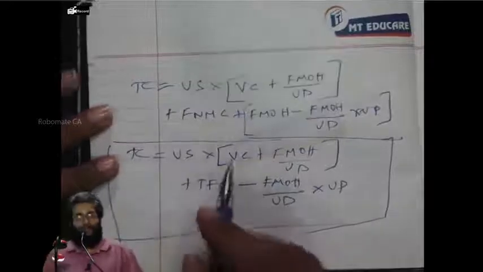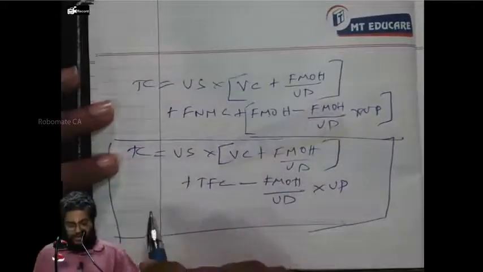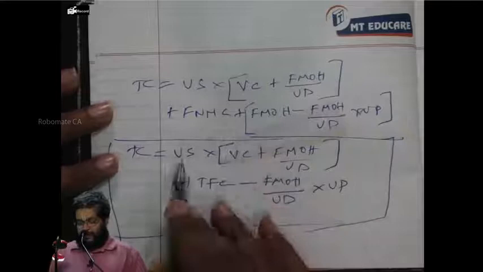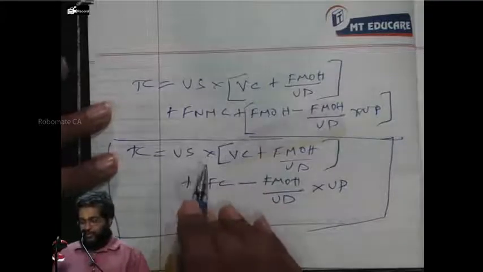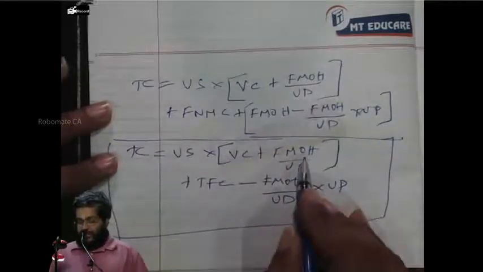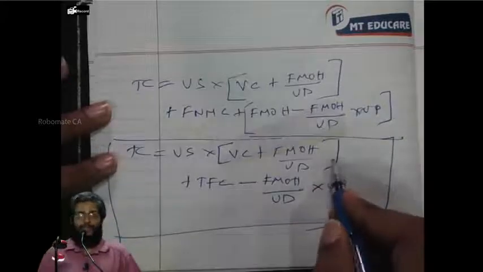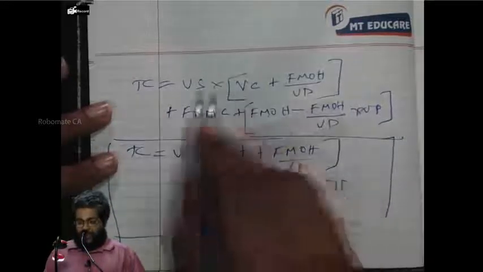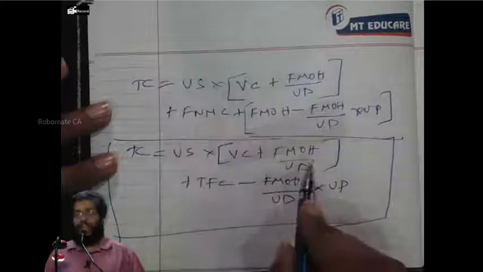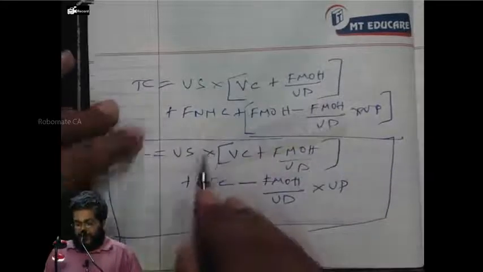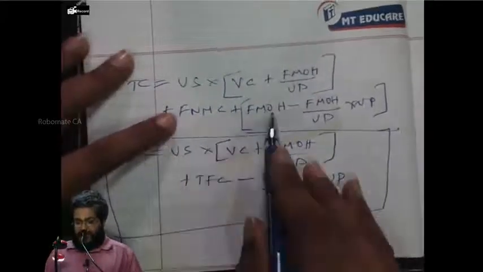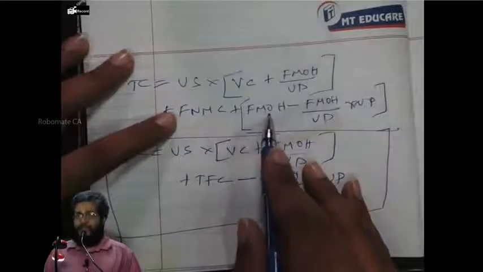Total cost is equal to units sold into VC plus FMOH by UD. No change. Can I put plus fixed non-manufacturing cost plus fixed manufacturing overheads?